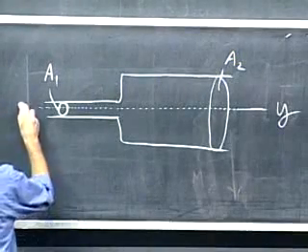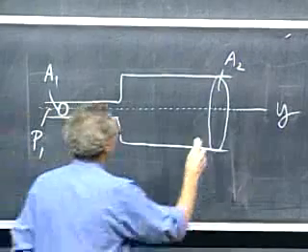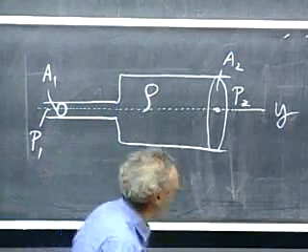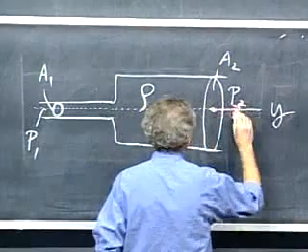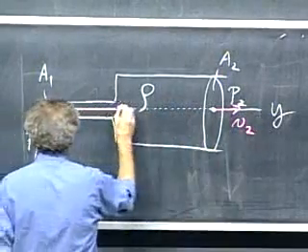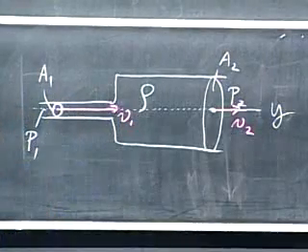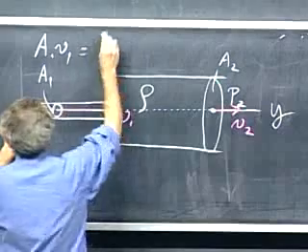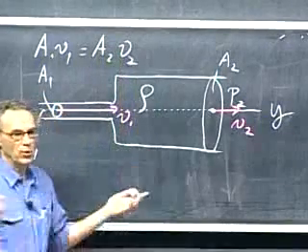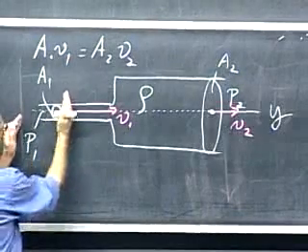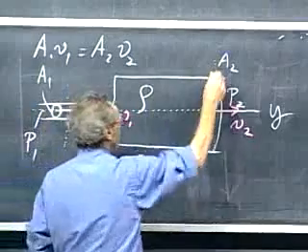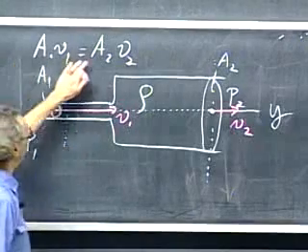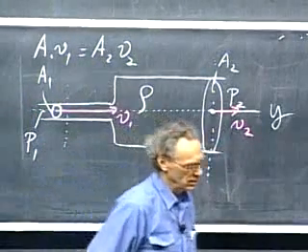Inside I have pressure P1, and here pressure P2, and this is the density of the fluid. There is here a velocity V2, and here a velocity V1. And clearly V1 is way larger than V2, because A1 times V1 must be A2 times V2, because the fluid is incompressible. So the same amount of matter that flowed through here in 1 second must flow through here in 1 second. Since A1 is much smaller than A2, this velocity V1 is much larger than V2.